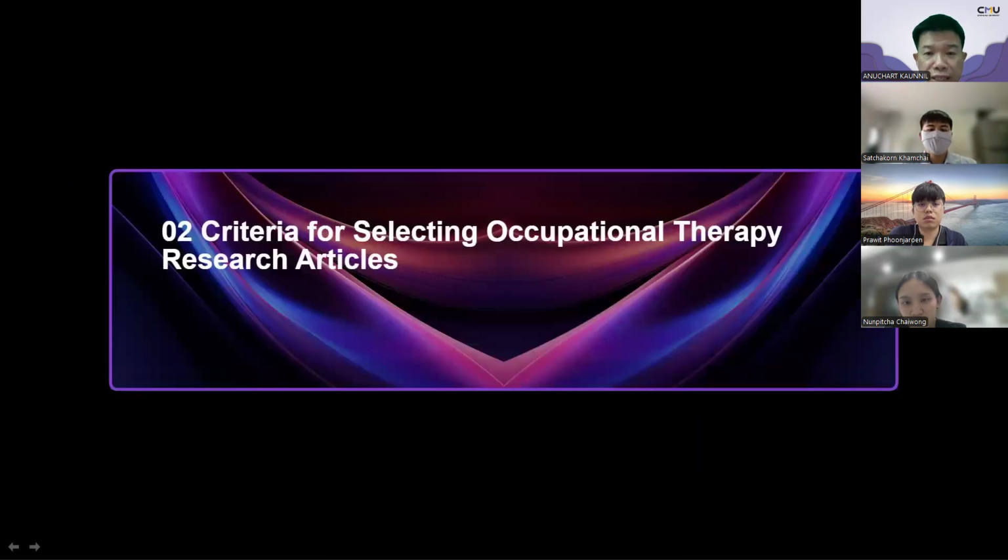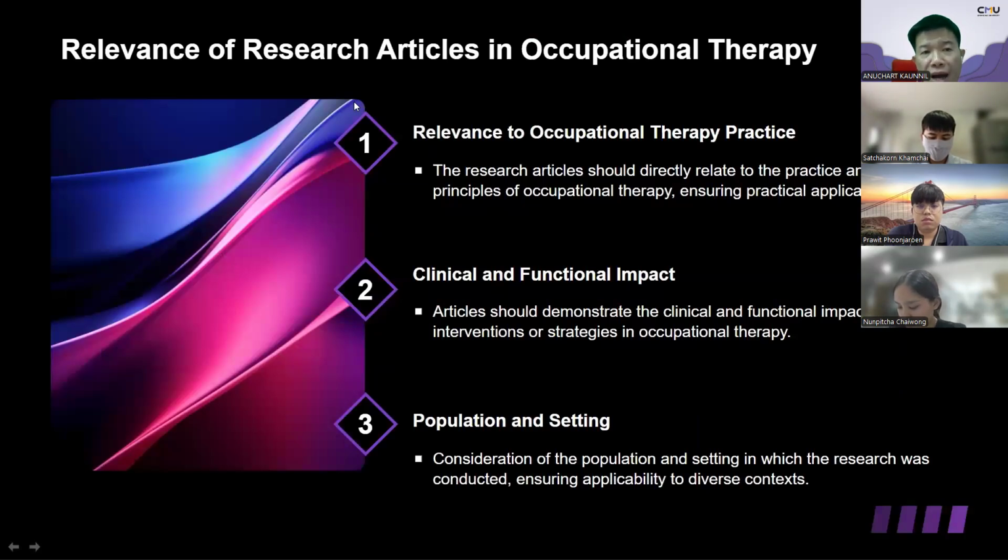Criteria for selecting occupational therapy research articles: how do we find relevant research articles in occupational therapy? The first is relevance to occupational therapy practice.